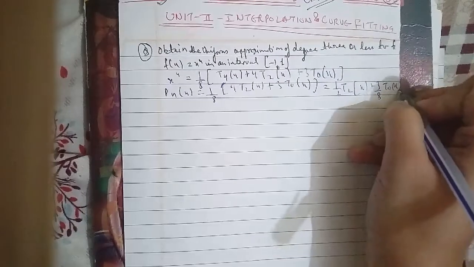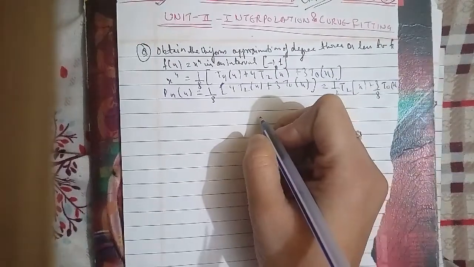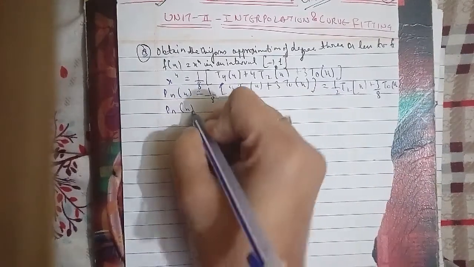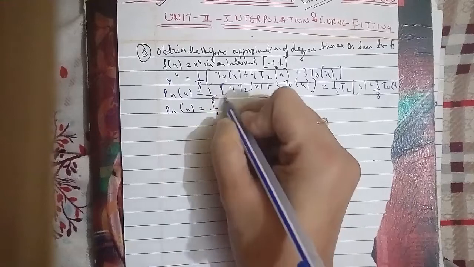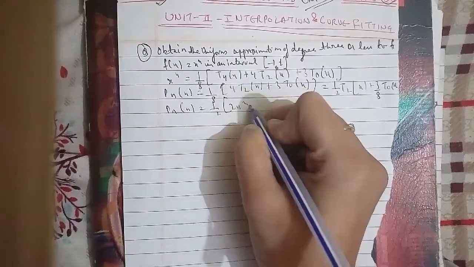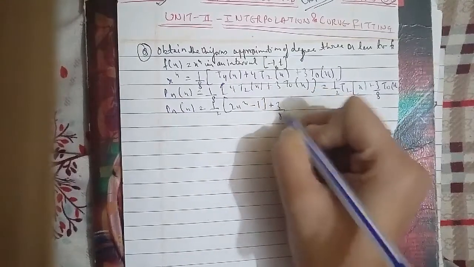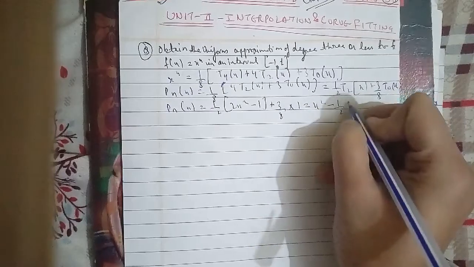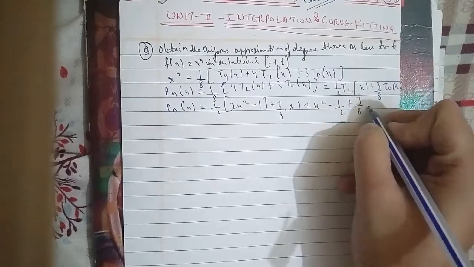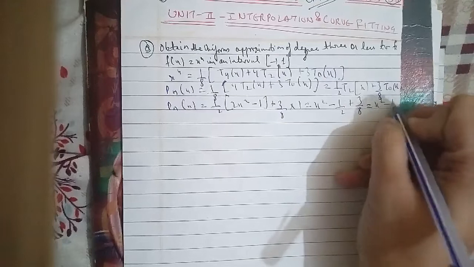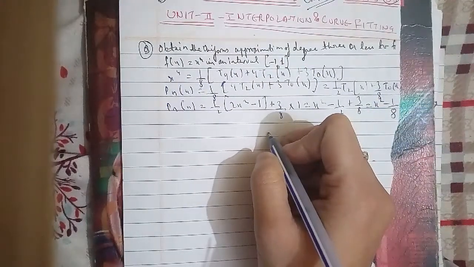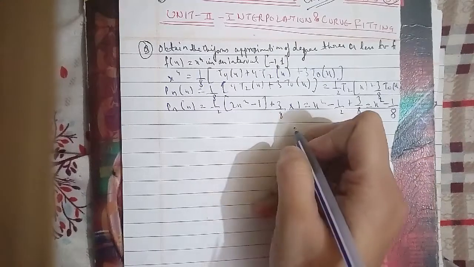Putting in T0(x) and T2(x), we get P(x) equals 1/2 (2x squared minus 1) plus 3/8 into 1, equals x squared minus 1/2 plus 3/8, which equals x squared minus 1/8.